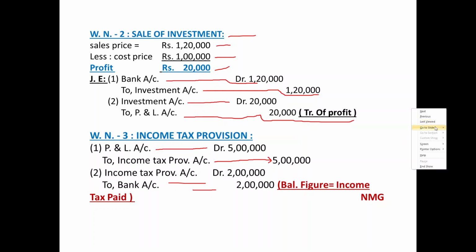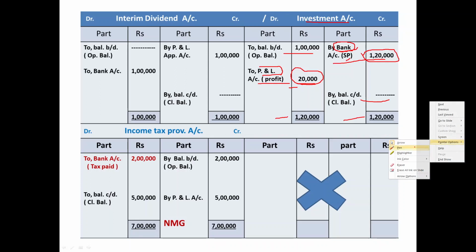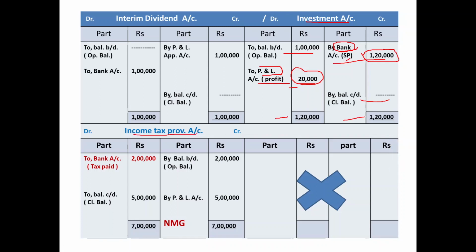Let us verify the income tax provision account to give the impact of this journal entry. Income tax provision account, opening balance 2 lakhs, closing balance 5 lakh, journal entry that we passed, profit and loss account debited to income tax provision account credited 5 lakhs.